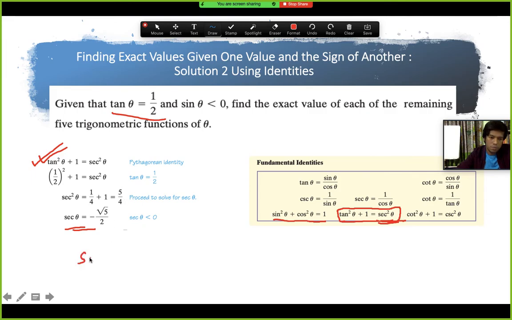So sec theta equals plus minus root 5/4. Now why are we taking only the negative value of sec theta? Because first of all, we have to identify in which box, in which quadrant, this condition falls.